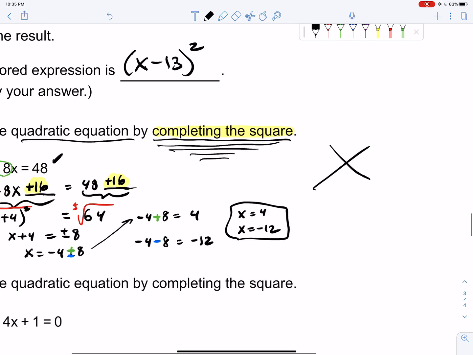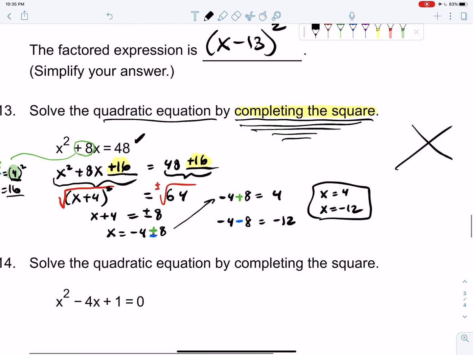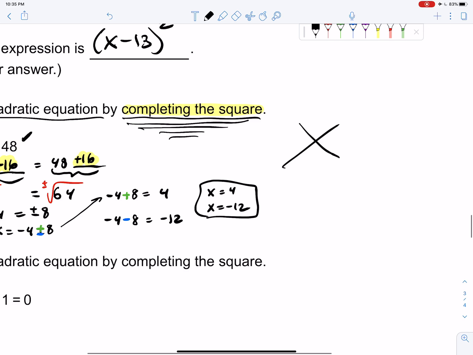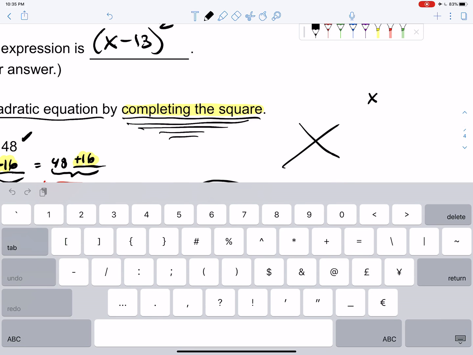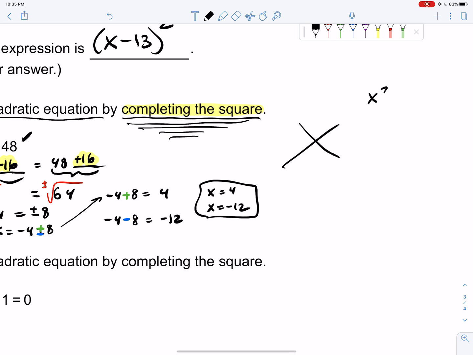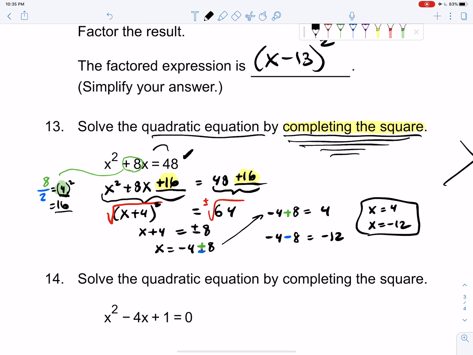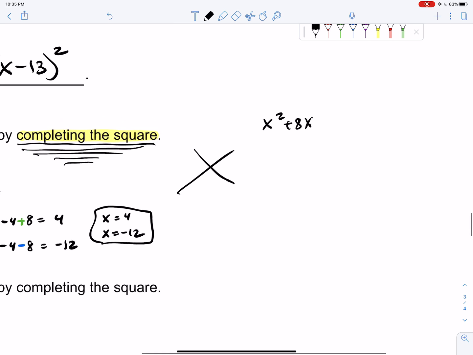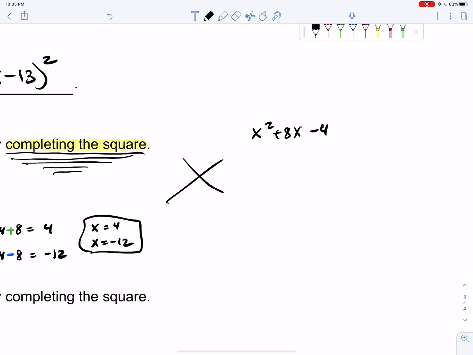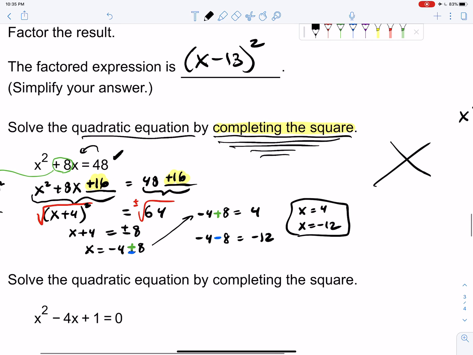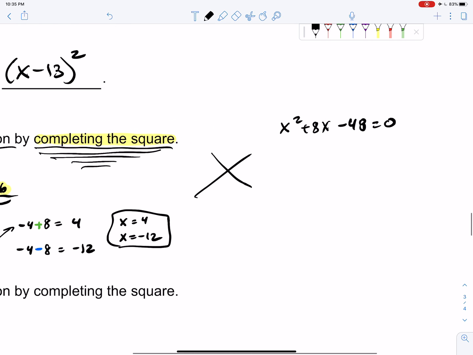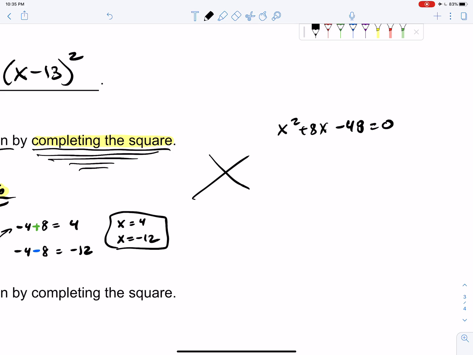We could have done this, and what was the problem again? X squared plus 8x. I'm going to go ahead and subtract 48, so I get negative 48 equals 0. So this problem, even though we're in 7.1, could have been done in a previous section when it just said factor it. What multiplies to negative 48?